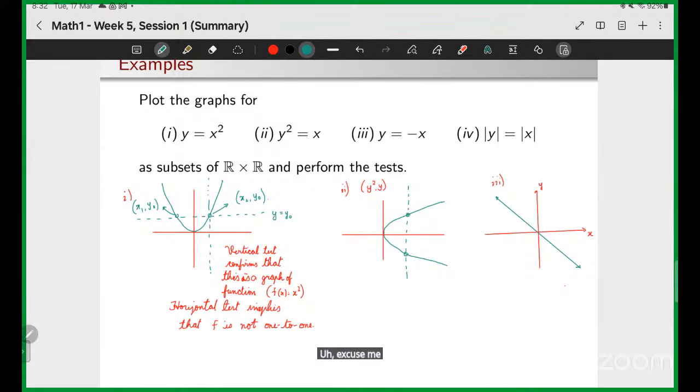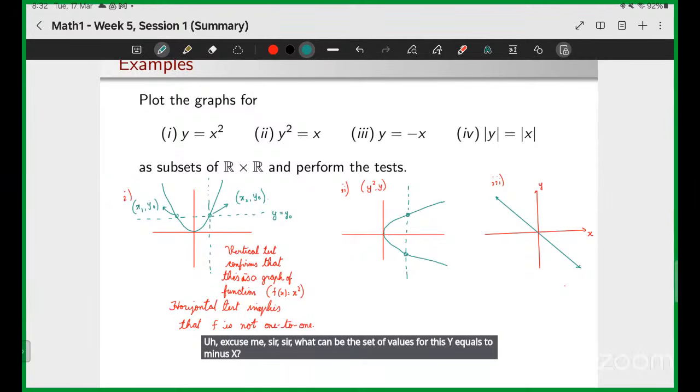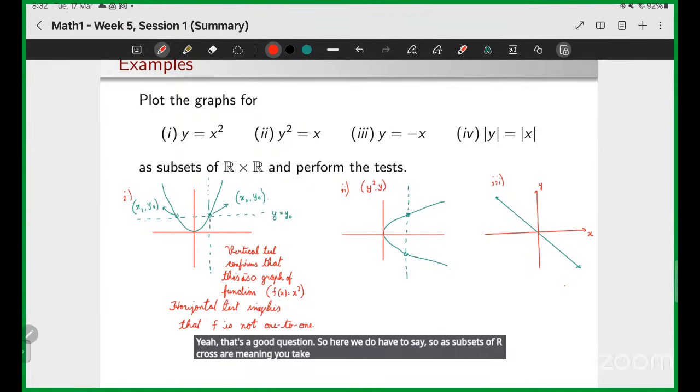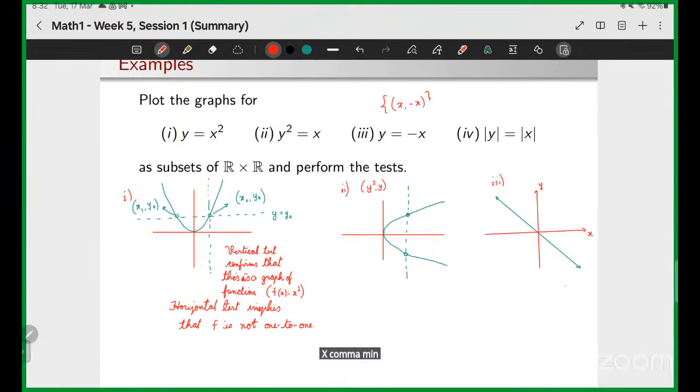Sir, what can be the set of values for this y equals to minus x? Yeah, that's a good question. So here we do have to say, as subsets of R cross R, meaning you take the values of x from the real line, and you collect all pairs of the form x comma minus x as x varies in R. So this is the infinite straight line.